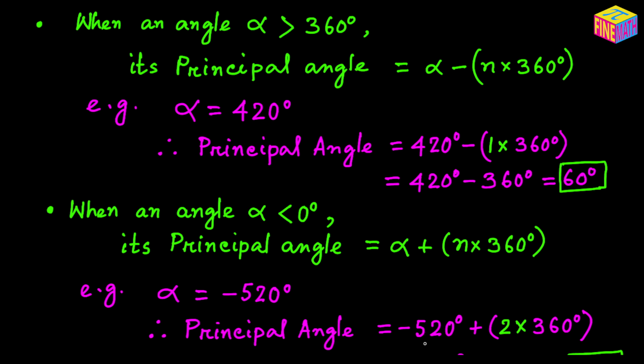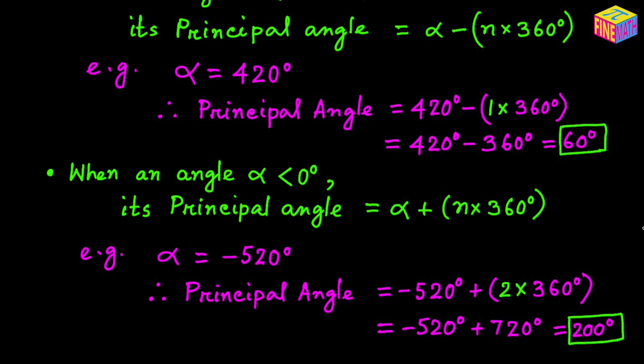Since we have negative 520, I thought I probably need two positive 360s to bring it back to a value between 0 and 360. So the principal angle for negative 520 degrees will be negative 520 degrees plus 2 times 360, and that gives us a 200 degree angle, which is the principal angle for negative 520 degrees.